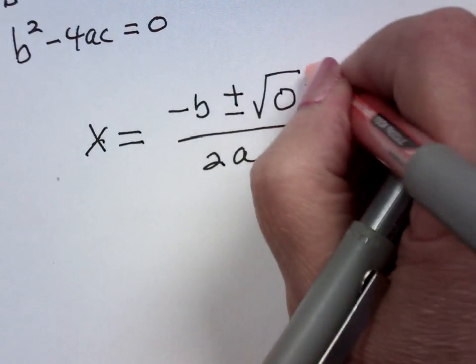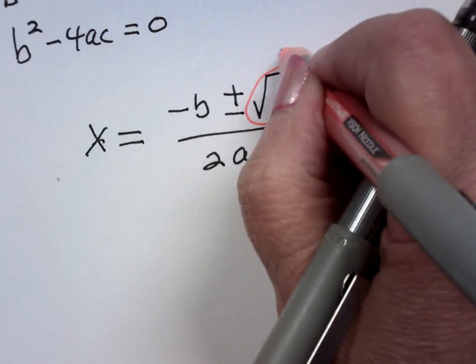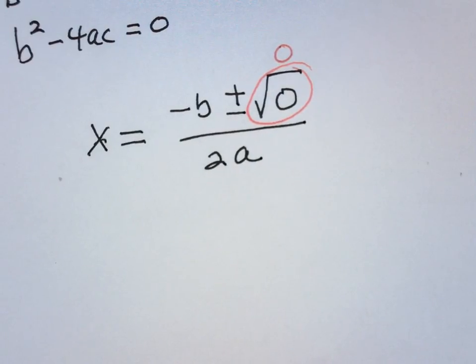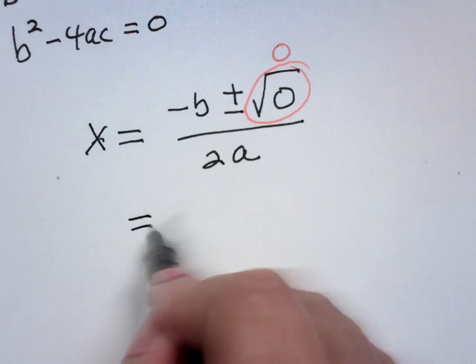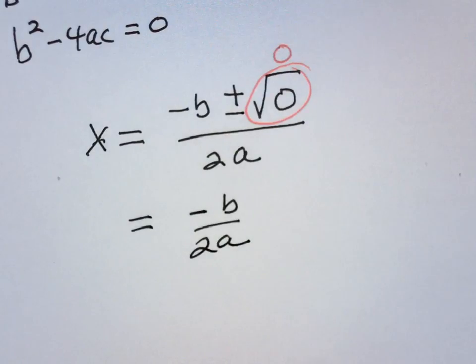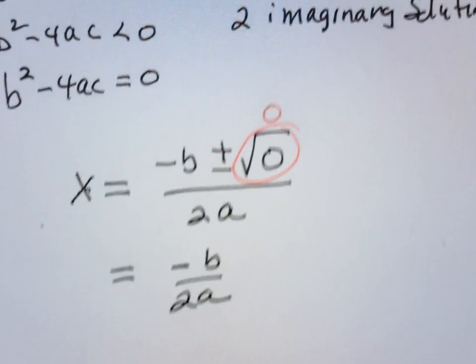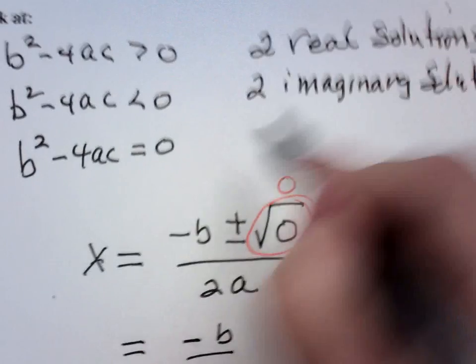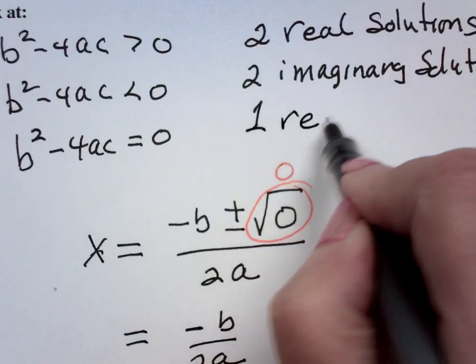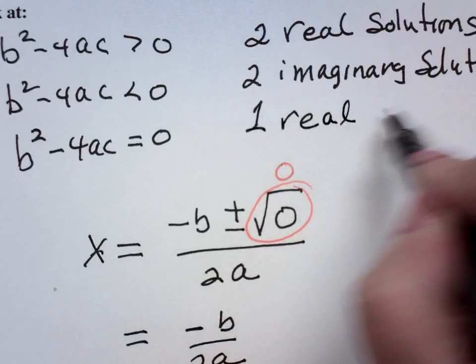What is the square root of 0? 0, right? So I've got minus b plus 0, minus b minus 0. Does that change the answer at all? No. So it's just minus b over 2a. So if it's equal to 0, then we have 1 solution, and your book calls it a rational solution. I just call it real because real numbers are rational numbers too.